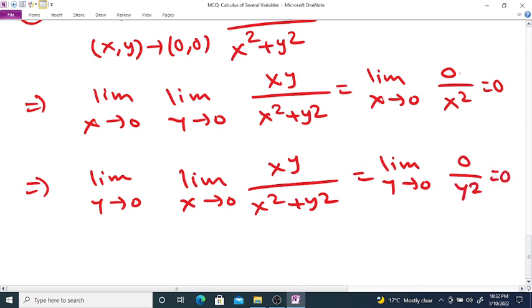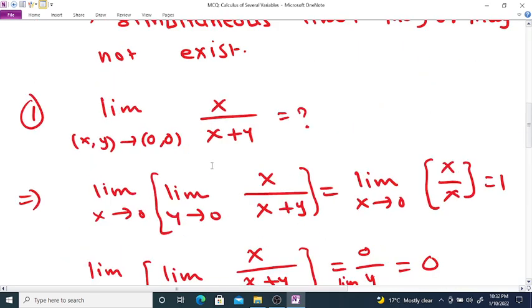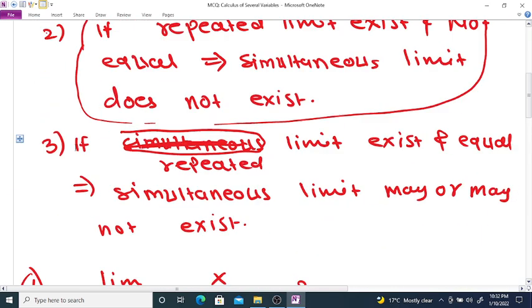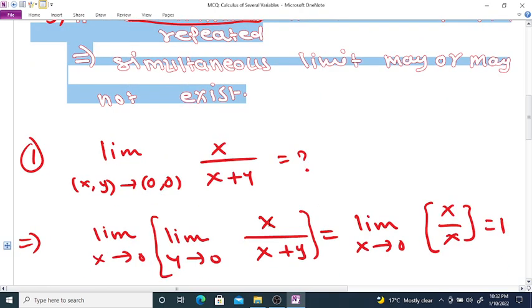So both the repeated limits exist and are equal, so the simultaneous limit may or may not exist. This is case number 3.